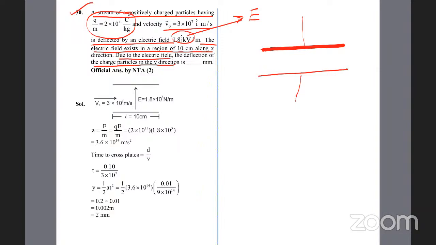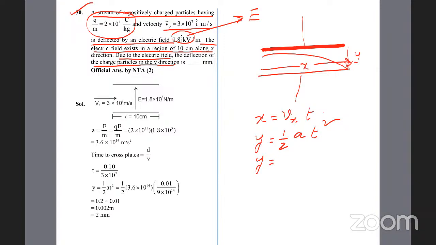So here, the horizontal displacement x is equal to horizontal velocity into time. And during this horizontal displacement x, the vertical displacement y is half a t square.